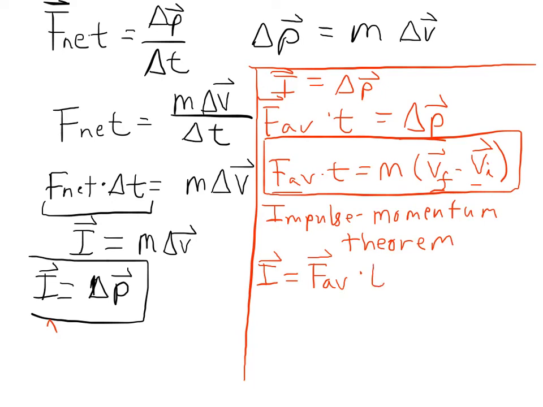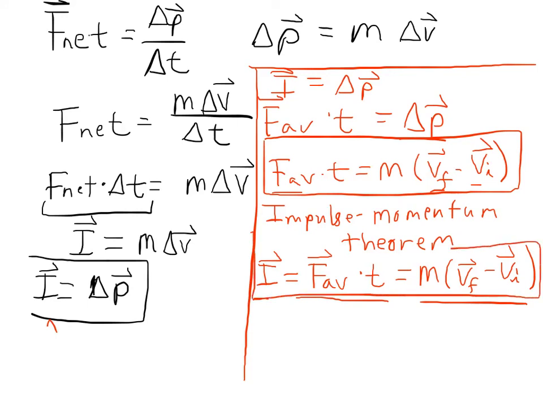Average force times time equals mass times change in velocity, which is a unit 1 kinematics thing. So here we have a statement that connects all three units and is really useful. Impulse from unit 3 is average force, unit 2, times time, which is also equal to mass times your change in velocity.